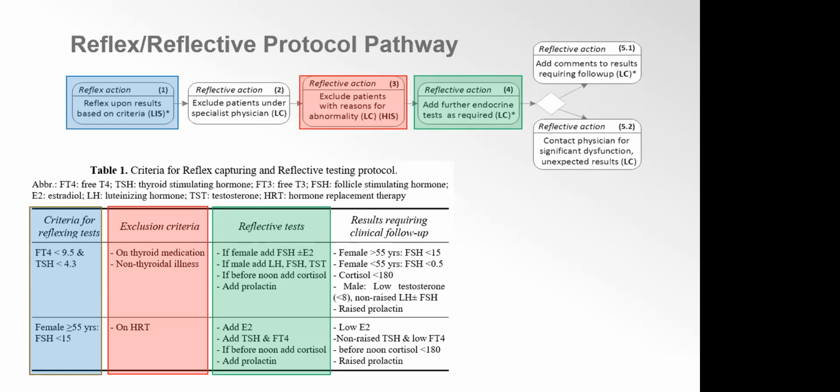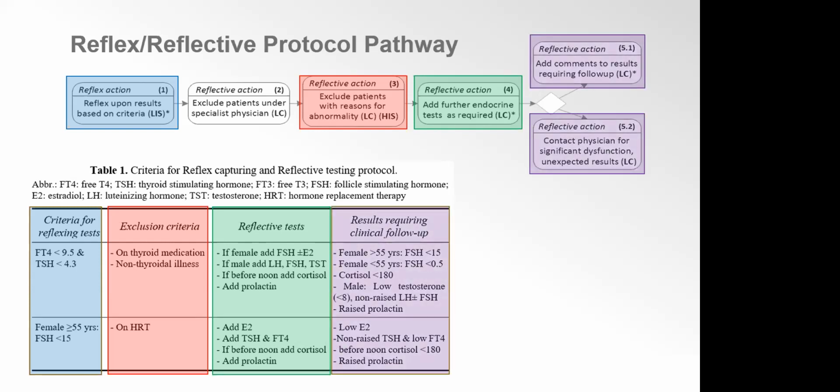And this is based on their own discretion, on their interpretation of the results based on information they may find in hospital and laboratory information systems. Here in the first row, the third column, we list all possible tests that could possibly be relevant, right? And typically, the LC would select a subset of these based on what they find about this patient. So if female, we add FSH and/or estradiol. If male, we add LH, FSH, TST, so tests for these particular hormones.